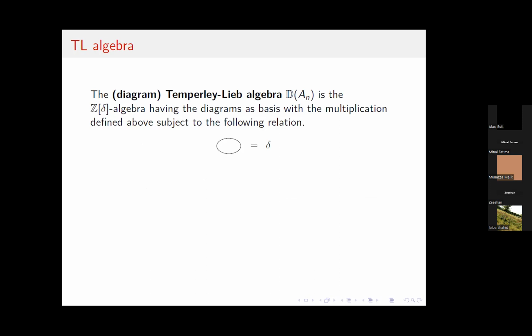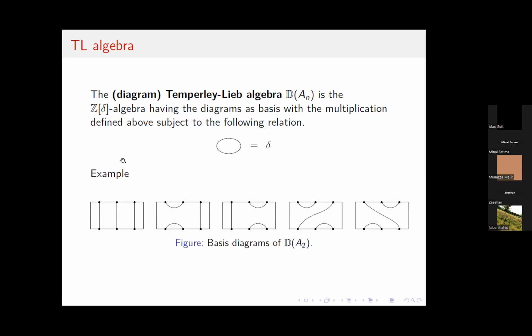So we have our main character, which is a Z delta algebra that has the diagrams that I talked to you about as basis, and with the multiplication by concatenation. And thanks to this relation, we have an algebra. So here, for example, this is the basis for the temperley-Lieb algebra of type A2.